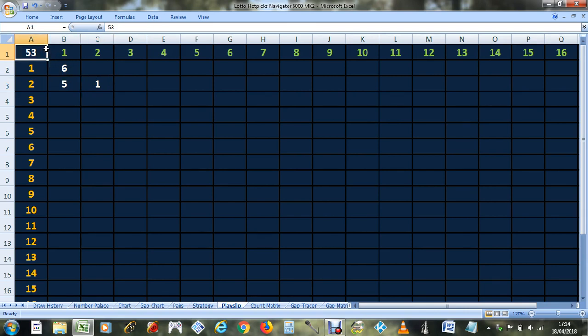And that means that 5 of these numbers have gone from here. That leaves 48. 1 number's gone from this square. That leaves 5. And now we move on to draw number 3.